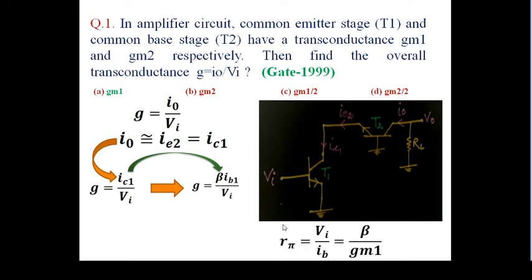So Vi by IB is R pi, which is basically beta divided by GM1.